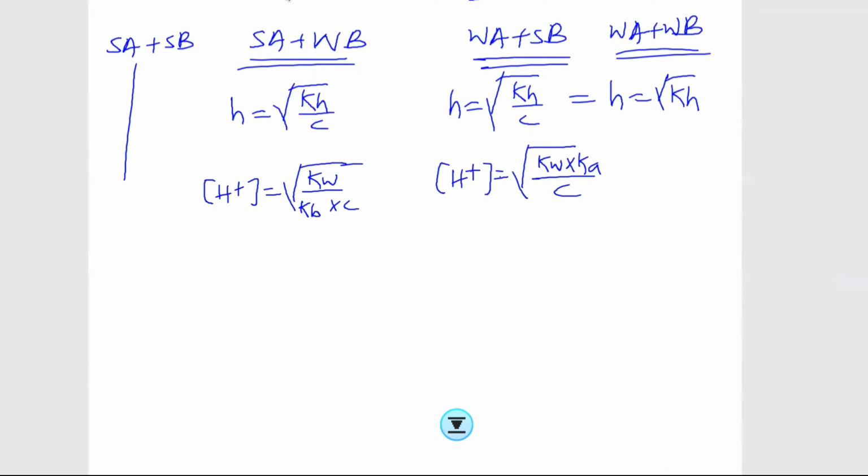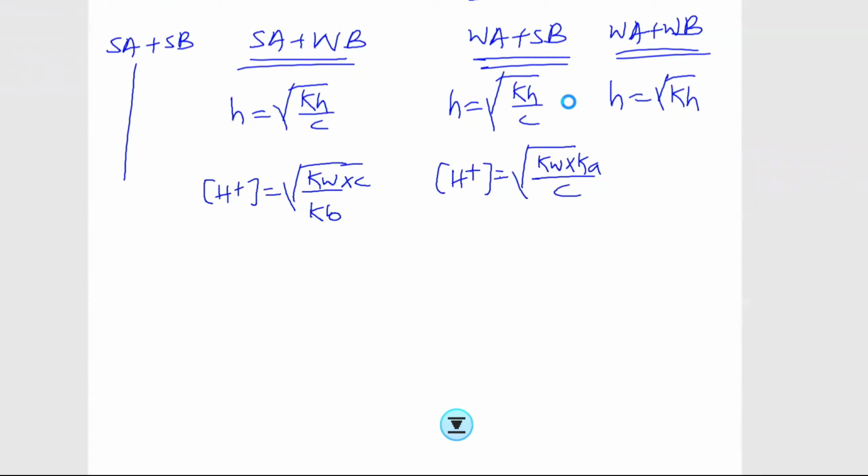So here we have written wrong. Kw into C by Kb. Okay, here we have written correct. Kw into Ka by C, interchanged.